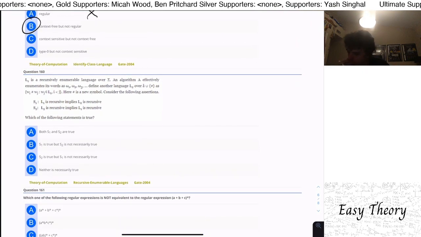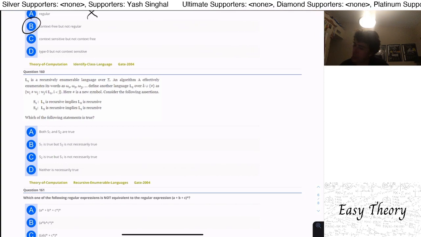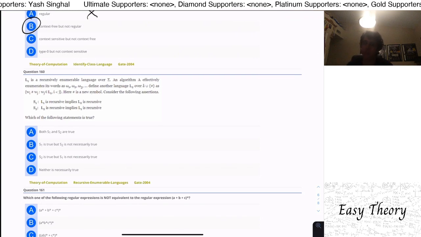L1 is a recursively enumerable language. An algorithm enumerates all the words in it. Define another language as, so like a string with a later string that is produced. So L1 recursive.